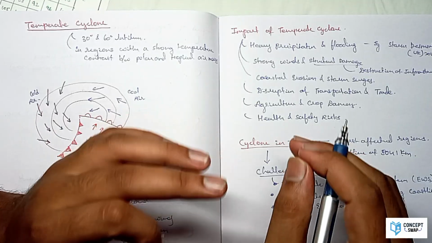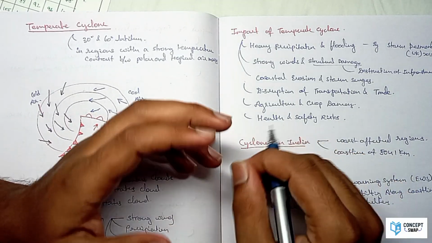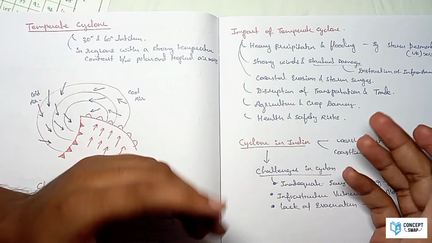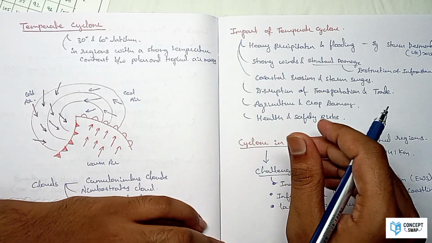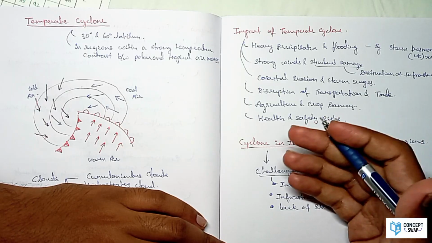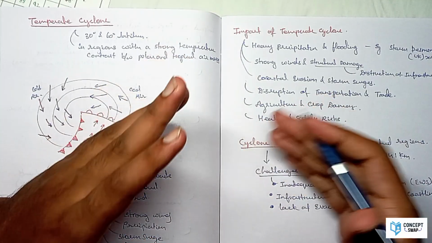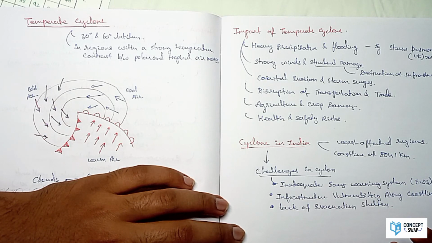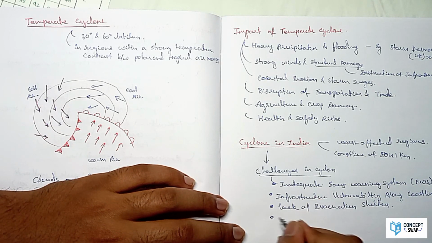This is the most common thing, a lack of early evacuation or lack of infrastructure. It is also infrastructure: the road connectivity for the NDRF people to reach the affected area is so poor that the time gap is so large. That's it. Limited financial resources. This is the most common thing.